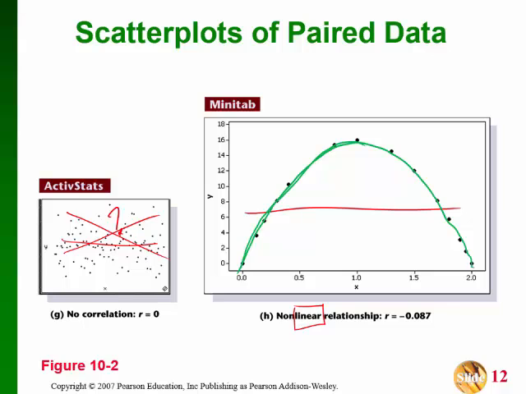So this would be better modeled by using a different type of function instead of a linear function. This might be modeled better using a quadratic function. We don't need that for this class, but it's a parabola, it's quadratic, a second degree polynomial. So we might be better off using a quadratic function to model this.